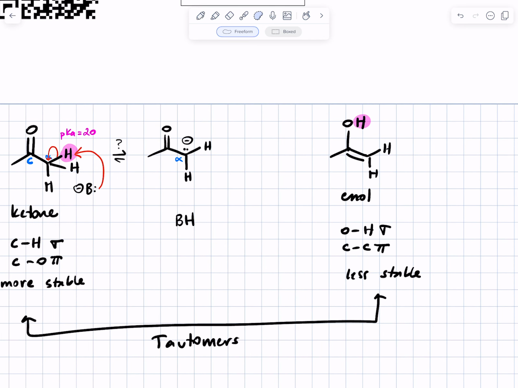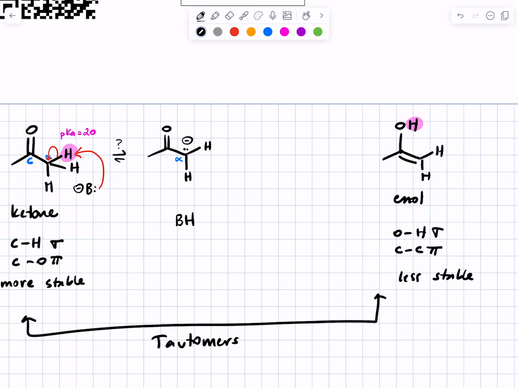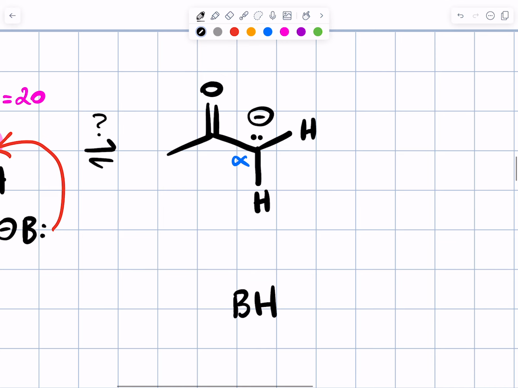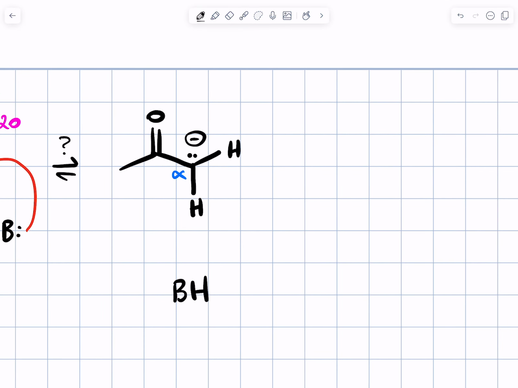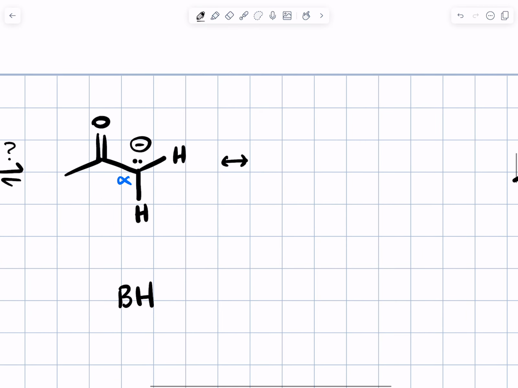And this base, as you can see, has a lone pair on the alpha carbon, and that's conjugated now to the carbonyl carbon such that we could draw a resonance structure that looks like this. Okay?